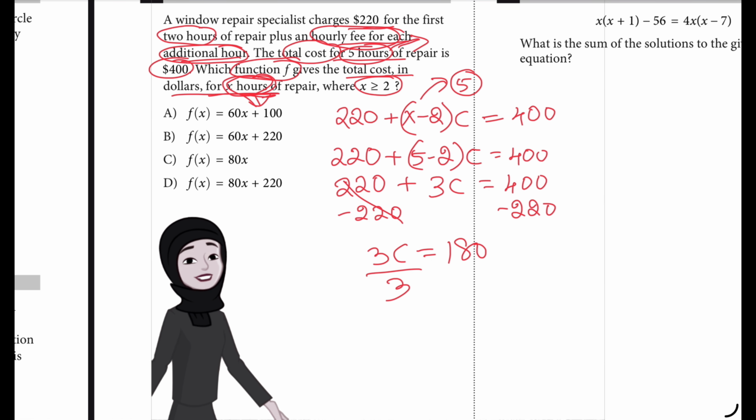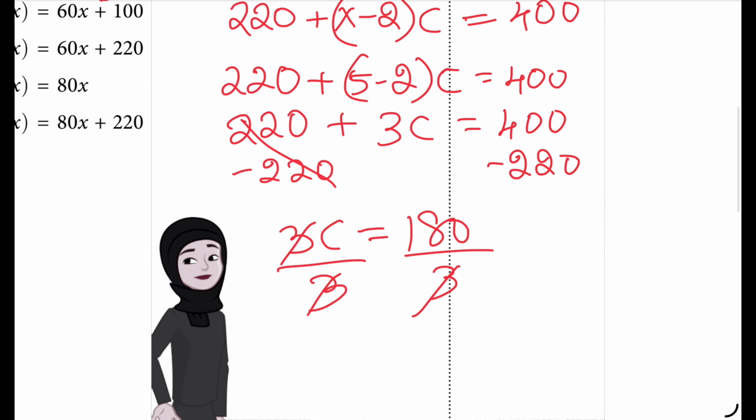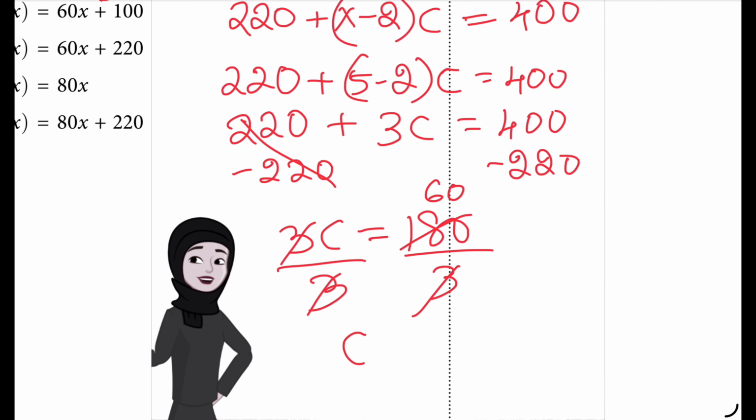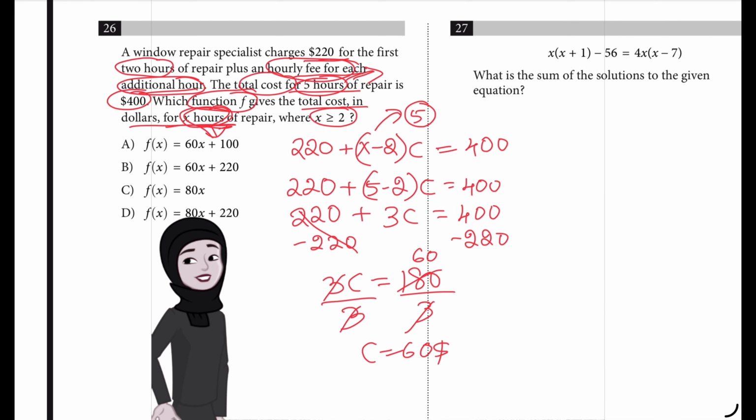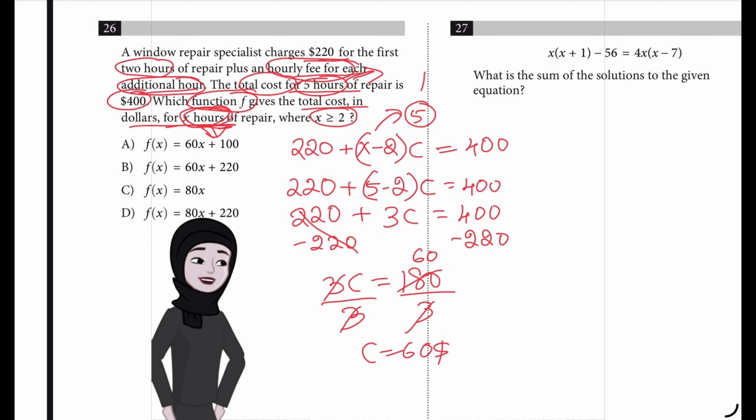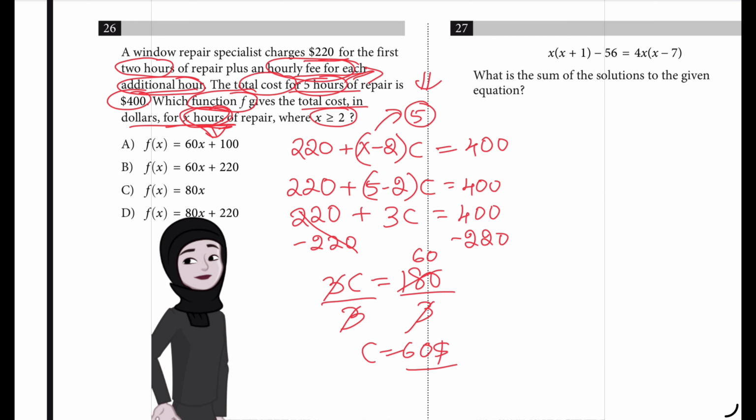Then divide both sides by 3. So 180 divided by 3, 3 times 6 is 18. So C is $60. That means after the first 2 hours, for the remaining 3 hours in this case, the window repair specialist will be charging $60 per hour.